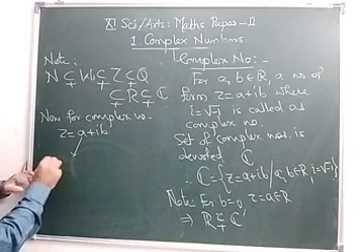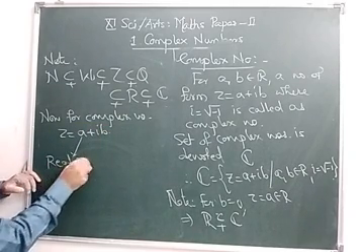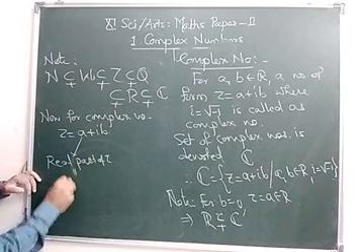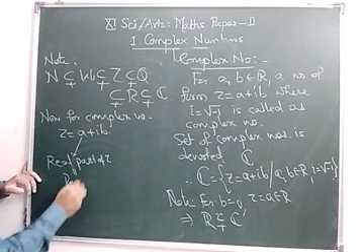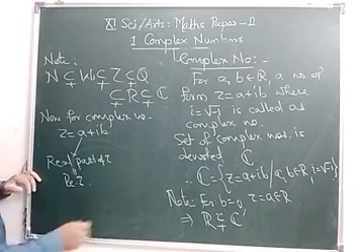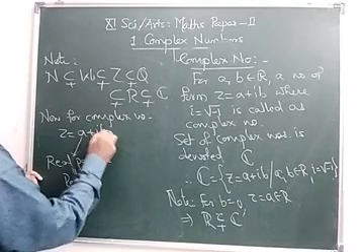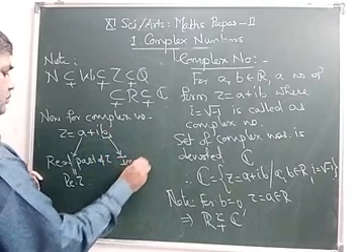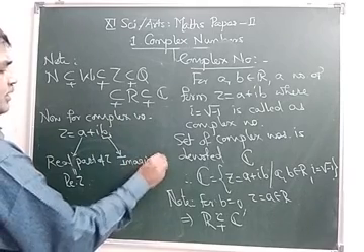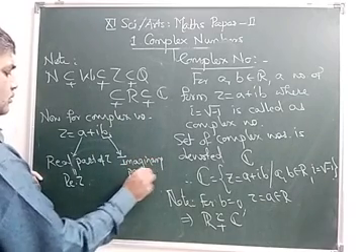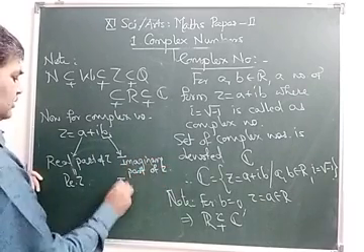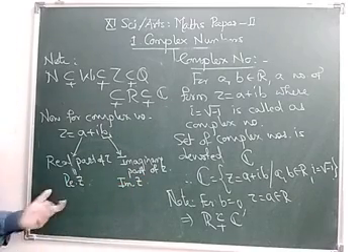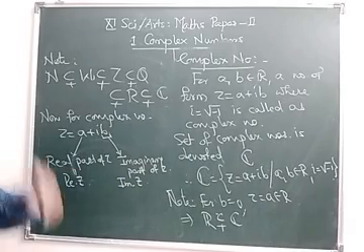A is the real part of Z, and it is written as Re Z. This B, just B, is the imaginary part of Z, and it is written as Im Z. Real and imaginary part.